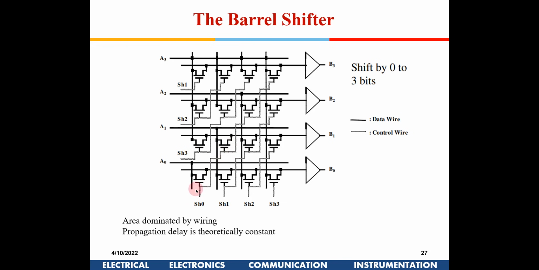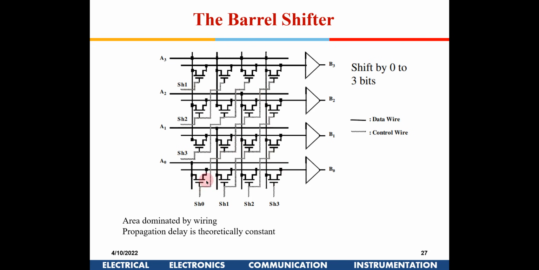These dotted lines show the gate connections. So shift 0, this transistor will be switched on, so A0 would be coming to B0. Shift 1, this transistor will be switched on, so you have A1 being connected here. Shift 2, the third transistor, A2 will be connected out here. Similarly shift 3, this will be connected here.